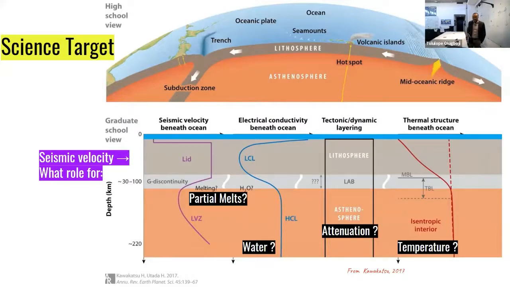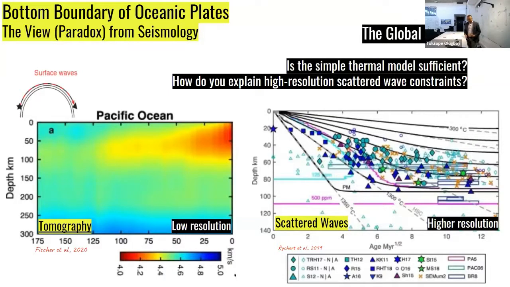Temperature gradients are not rapid, so to explain sharp velocity gradients, we need to understand how to interpret seismic velocities in the context of other geophysical observations like electrical conductivity, helping us understand what causes the transition from lithosphere to asthenosphere. That's one of the motivations for trying to improve the detection of the bottom of oceanic plates. Here are two views of the bottom boundary of ocean plates from seismology.